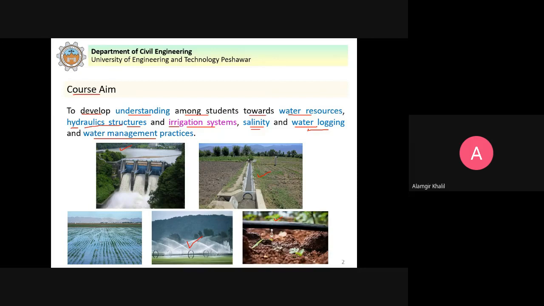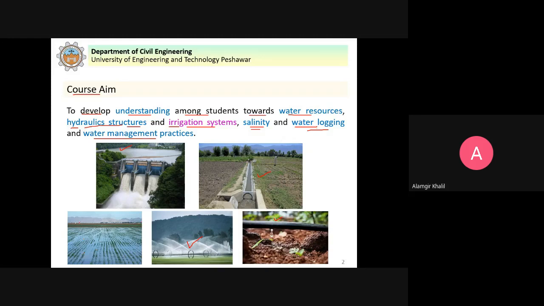So what will happen is that the plants will be underwater. So this is not beneficial. Water logging is actually the rising of the water table in any area that can adversely affect the land productivity.